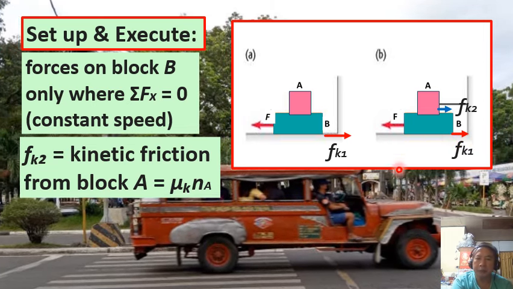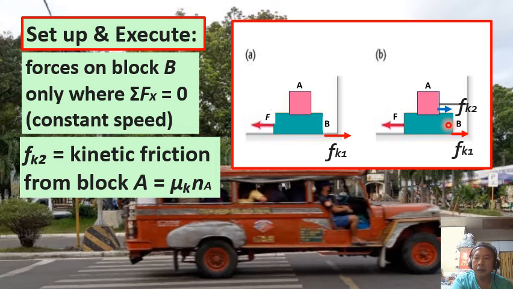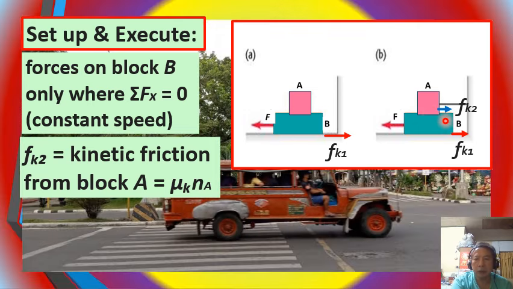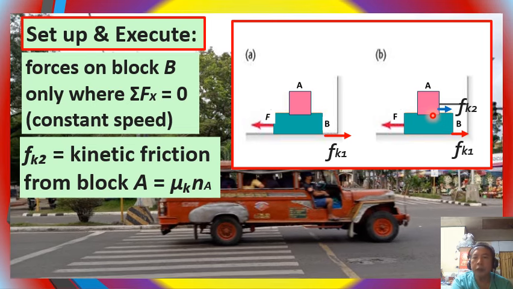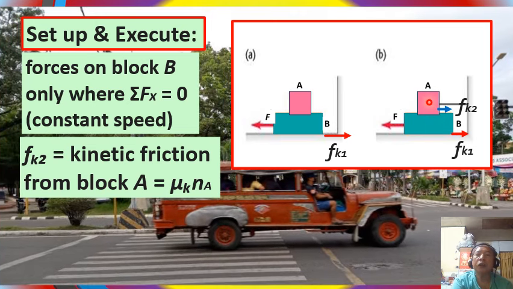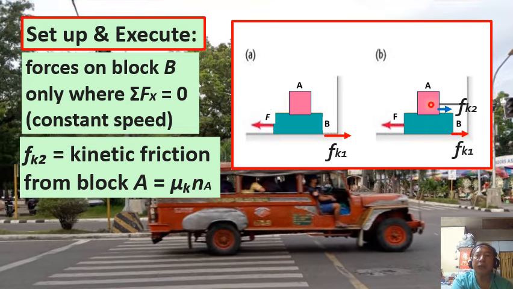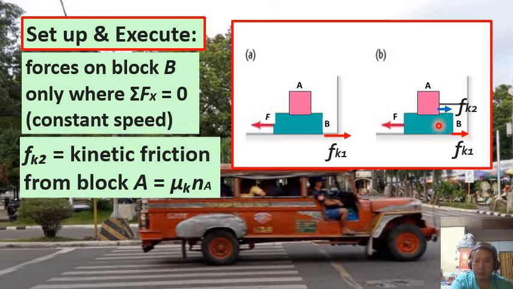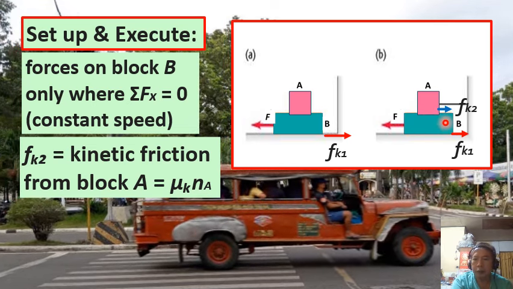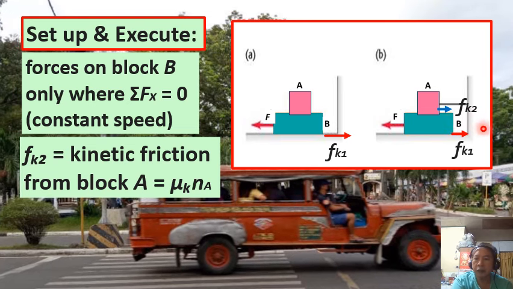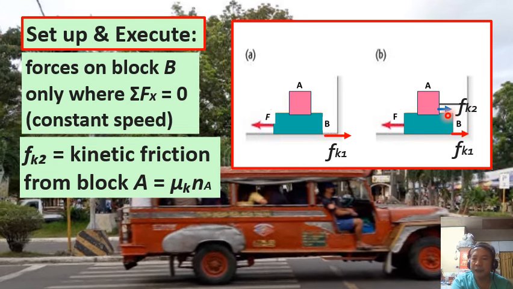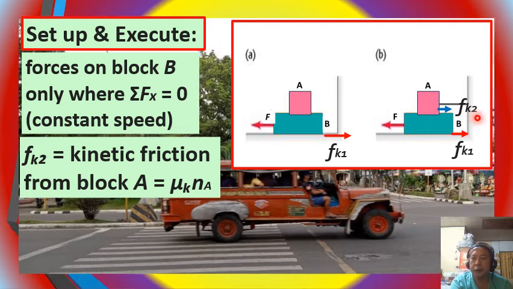But at the same time, there is another kinetic friction between the lower surface of block A and the upper surface of block B. We denote this by F sub K2, represented by the blue arrow directed to the right.